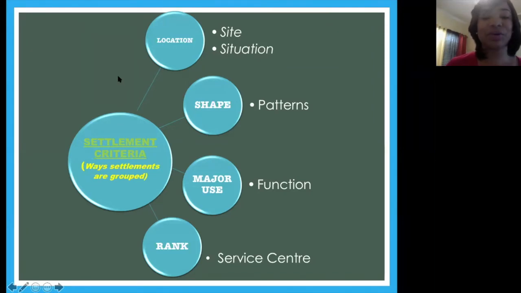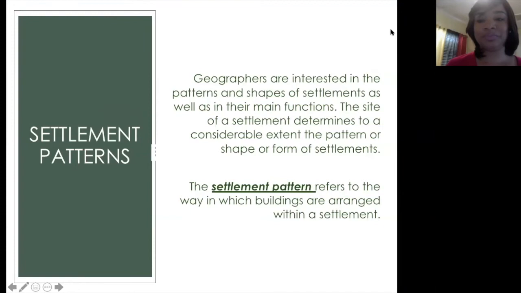Let's continue. Okay, so some key things are important when we are discussing the sediment patterns. These are some of the things that geographers actually pay attention to. They want to be able to identify the different shape in which a sediment actually has.